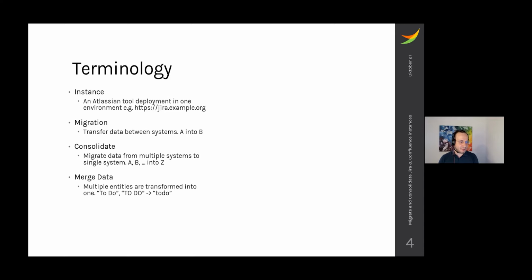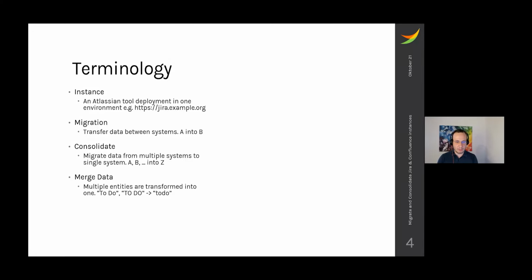While consolidating stuff, you probably will also want to merge some of your data or entities in your systems, like if you have a status in Jira called To Do with capital first letters, or all caps, and you want to rename it or merge it together to To Do.